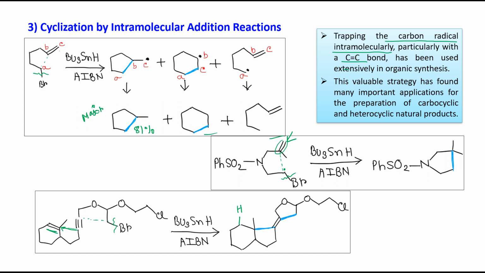It is extensively used when we want to make some cyclic compound, especially a 5-member ring. And this valuable strategy has found many important applications for preparation of carbocyclic, and not just carbocyclic, also heterocyclic natural products. So from a synthetic application point of view, this is very important. That is the last one.